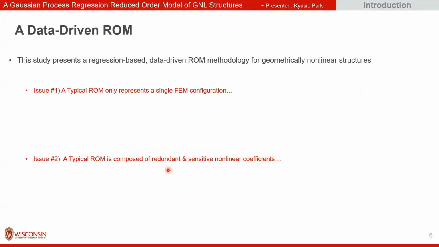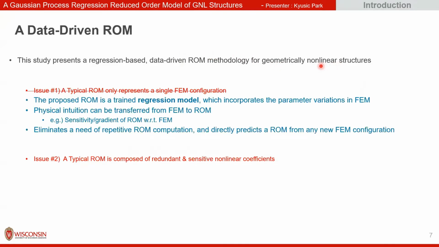So the objective of this study is to propose a new data-driven ROM method for geometrically nonlinear structures that addresses these challenges. Our approach trains a regression ROM with a collection of varying FEMs, such that the ROM can incorporate the variation of FEM parameters.